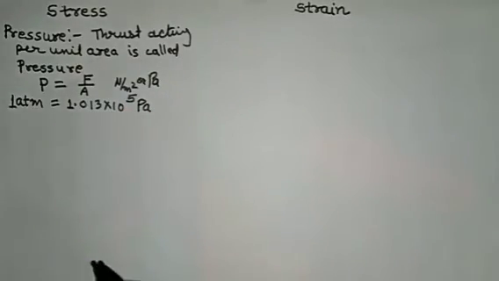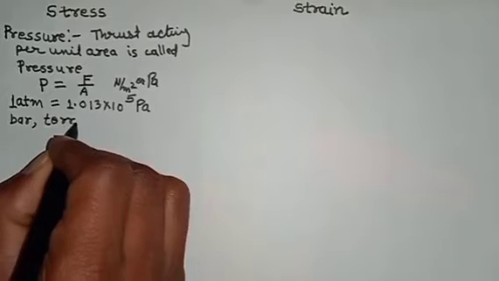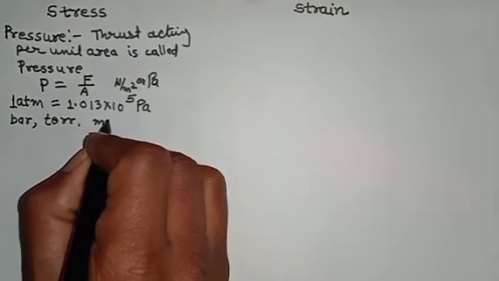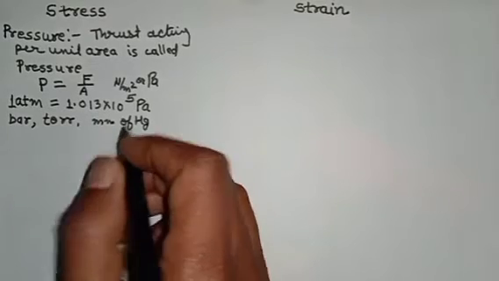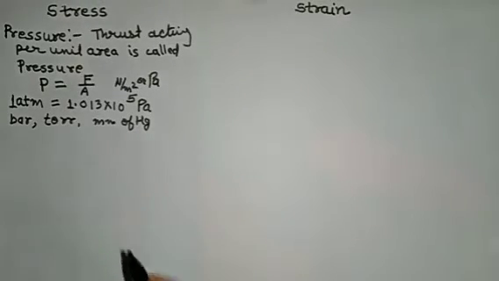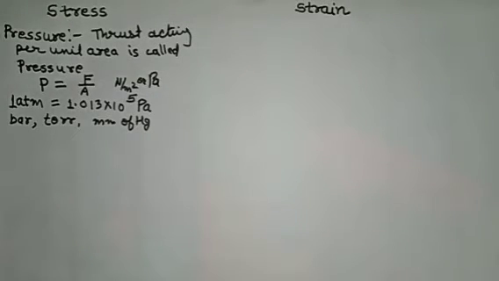There are some other units also: bar, torr, and mm of Hg, that is mercury, or cm of Hg, millimeter column of mercury or centimeter column of mercury. I will discuss it in another video. Otherwise, this is going to be a very long video.